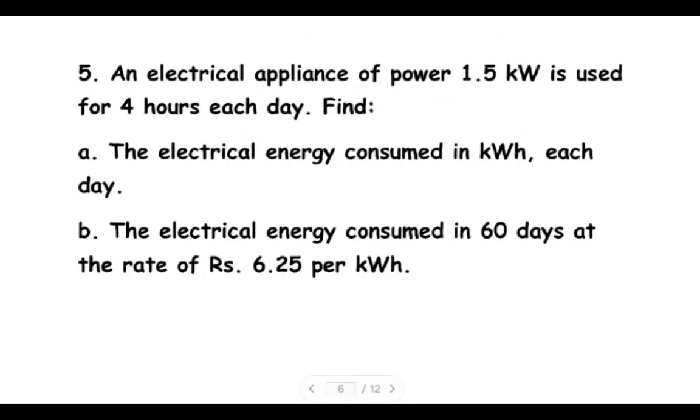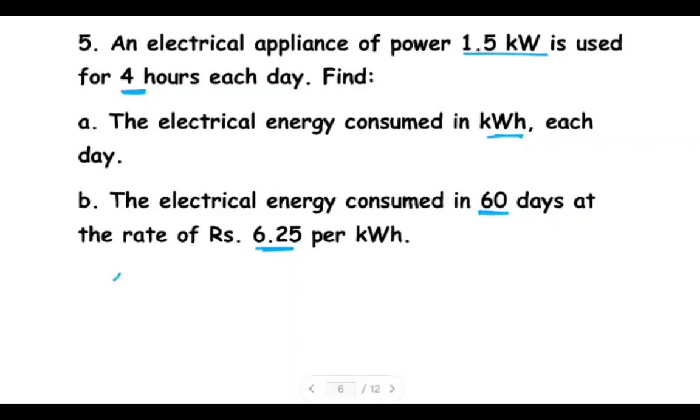An electrical appliance of power 1.5 kilowatt is used for 4 hours each day. Find the electrical energy consumption in kilowatt hour each day. So our day is going to be only 4 hours. And then the electrical energy consumption in 60 days at the rate of 6.25 per kilowatt hour.